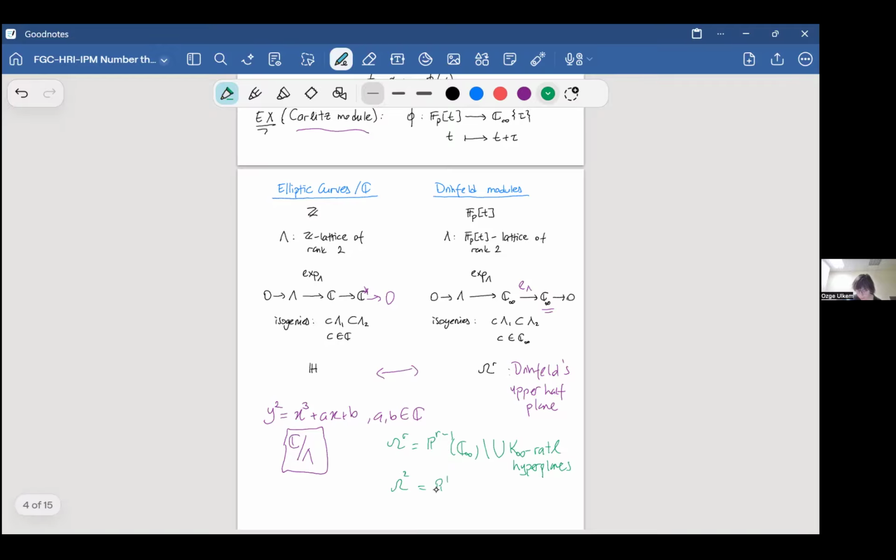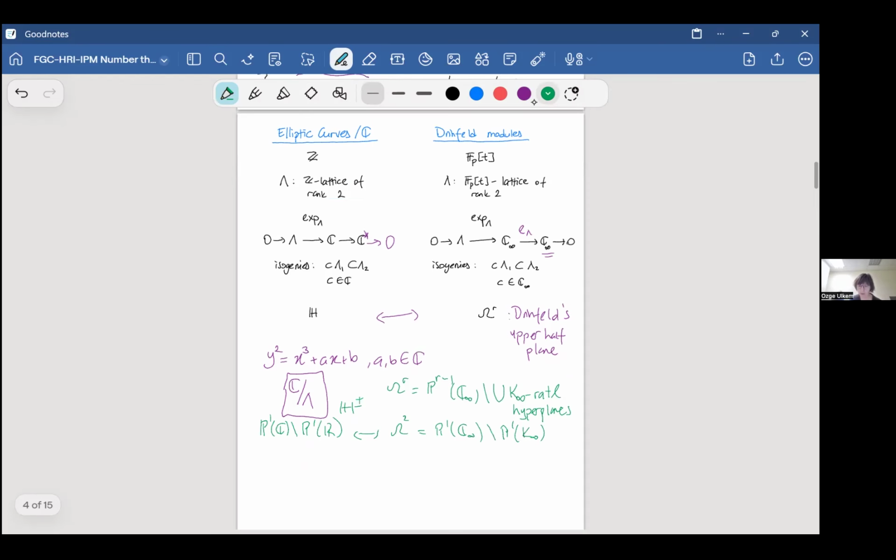When r is 2, you have P^1(C infinity) minus P^1(K infinity). This looks like P^1(C) minus P^1(R), which is like the upper and lower half plane.